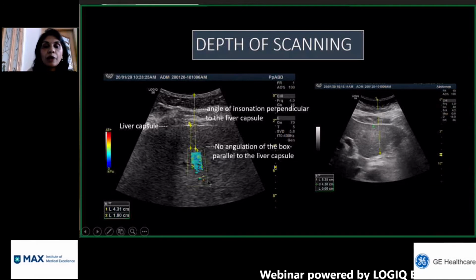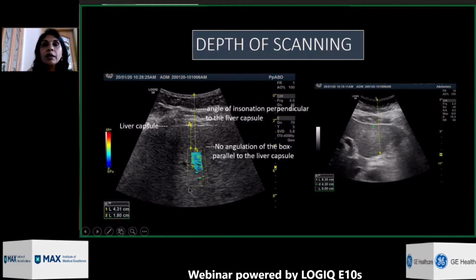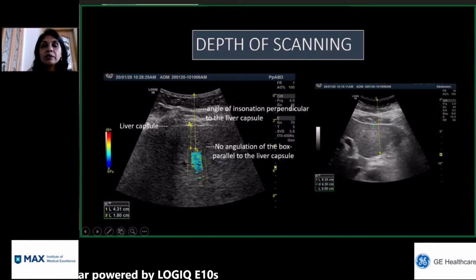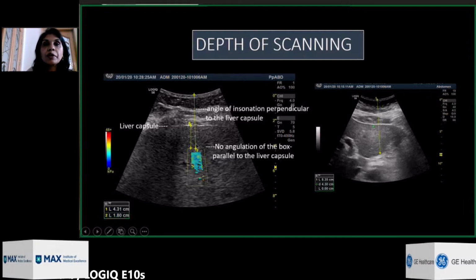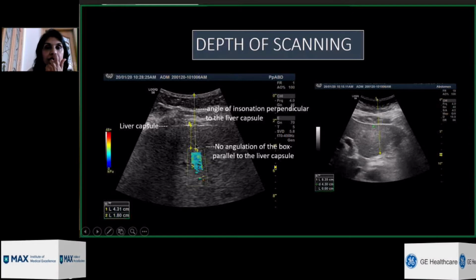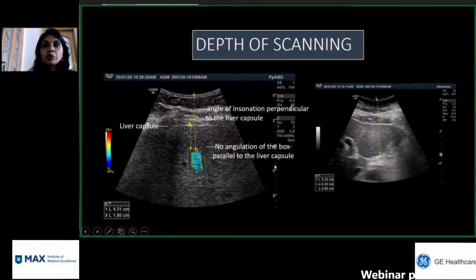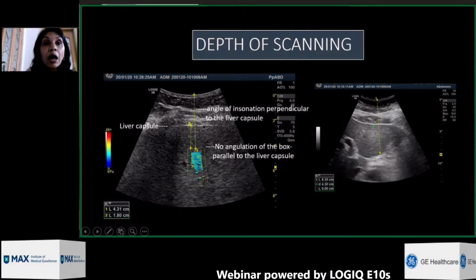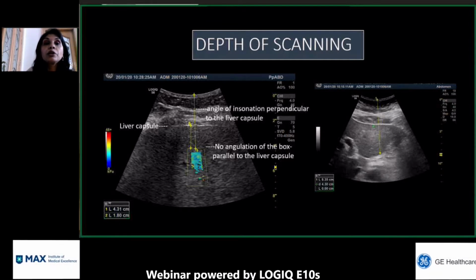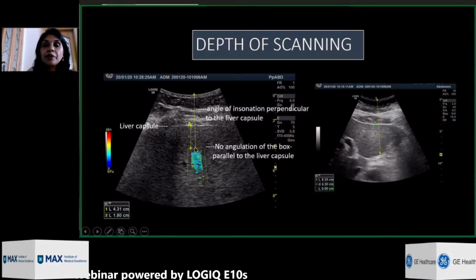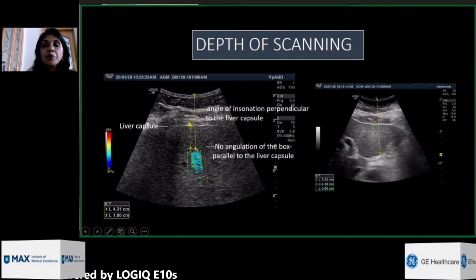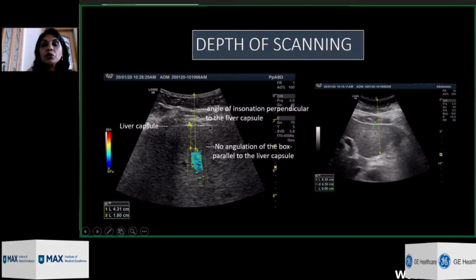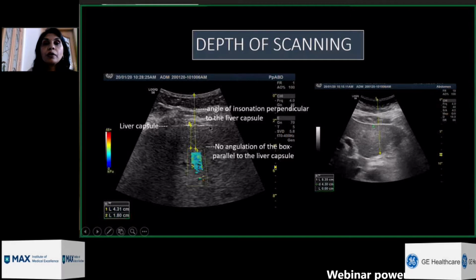Putting your ROI or Q box should be at least 2 centimeters below the liver capsule, or at least 4 to 6 centimeters from the skin surface, which is very important because otherwise it interferes with the capsule, and this capsule in the subcapsular region has a high fibrosis content. Angle of insonation should be absolutely perpendicular to this Q box, and it's important that the upper edge of your Q box should be parallel to the capsule of the liver.